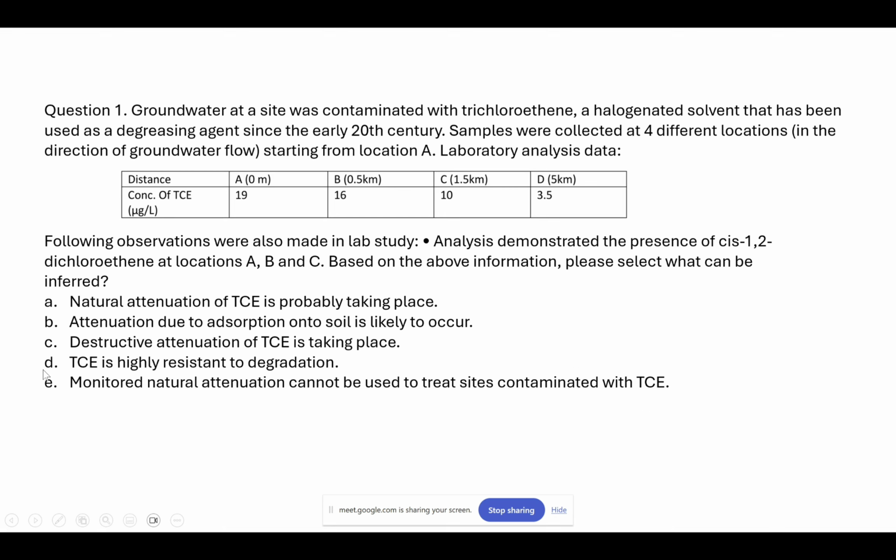So options A, B, and C, these three are the correct options.